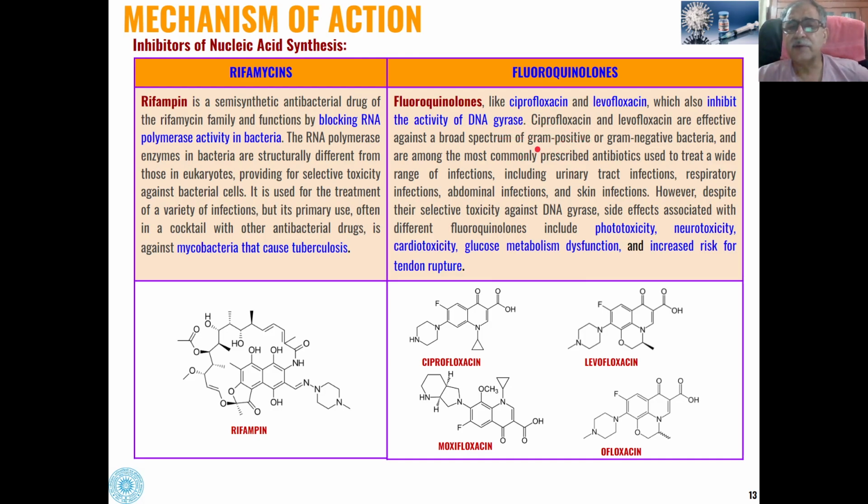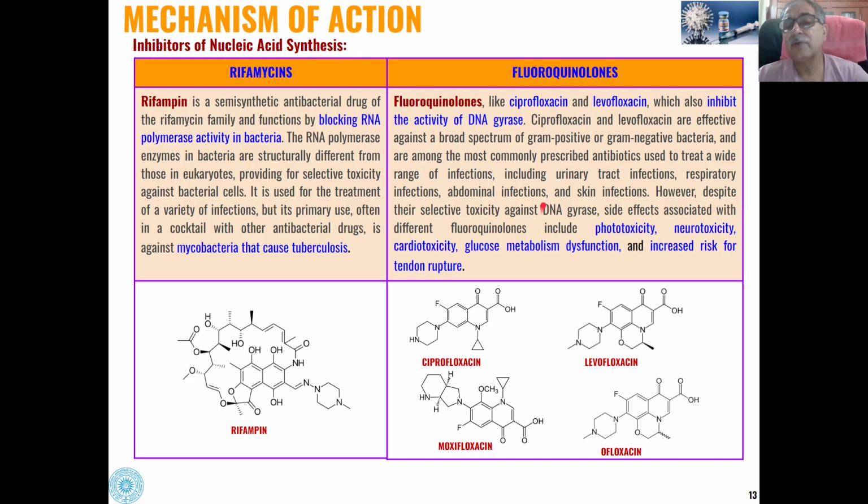They are effective against both gram-positive and gram-negative bacteria, and they are the most commonly prescribed antibiotics for a wide range of infections like UTIs, respiratory infections, abdominal infections, and skin infections. So they are effective against all these types of infections.